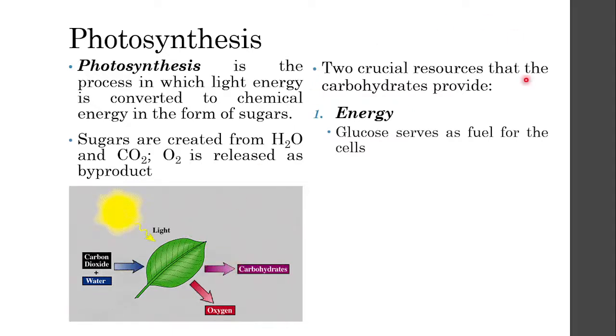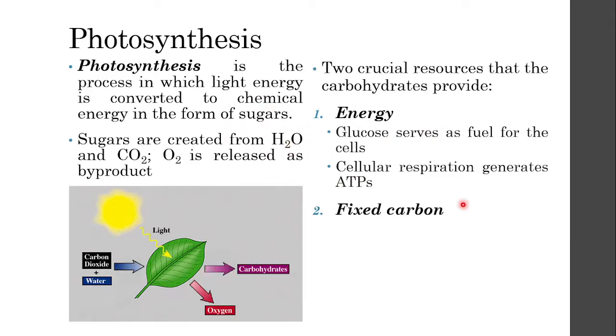If you remember cellular respiration, our cells take in glucose via the symport, where it goes inside with the sodium, and from there we have our different cycles where we can convert glucose into pyruvate and pyruvate into acetyl CoA, and then we have the four steps of the cellular respiration until we create FADH and NADH, and then ultimately we create ATPs. So glucose can serve as a fuel for the cell. And during the cellular respiration, we create ATPs. So carbohydrates or sugars are very important.